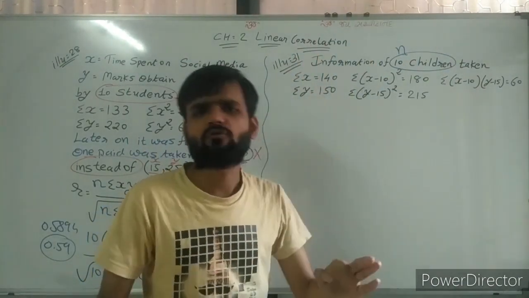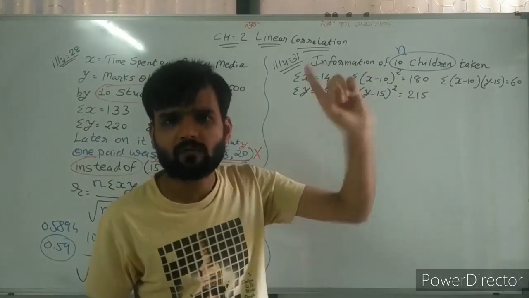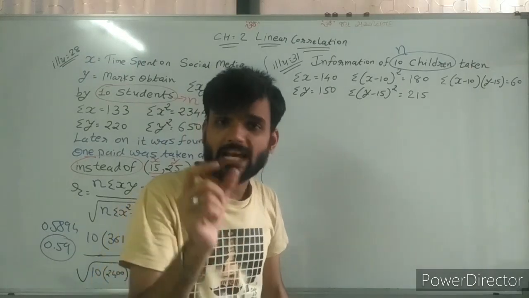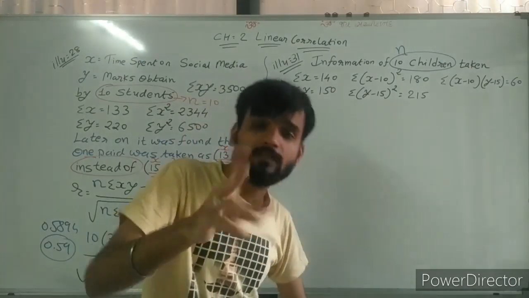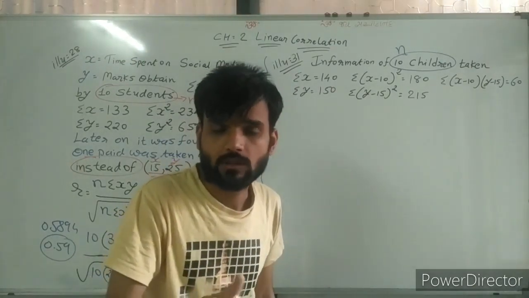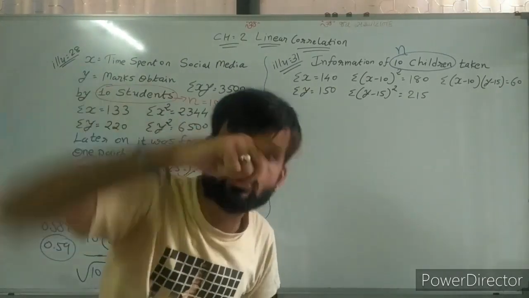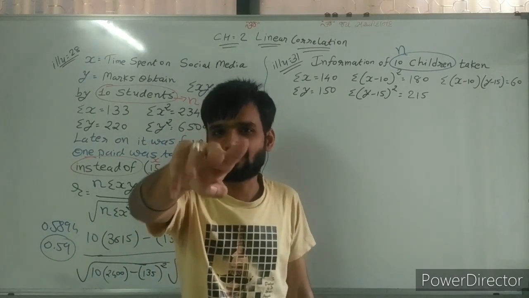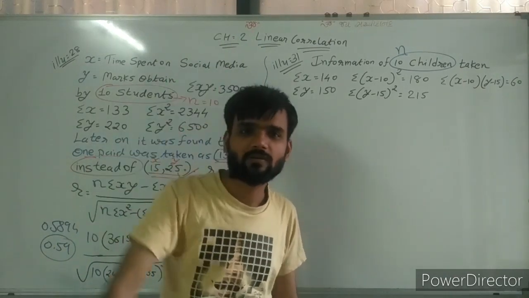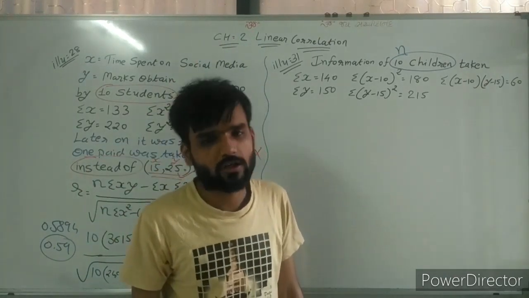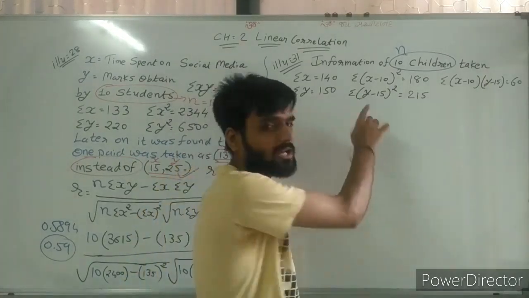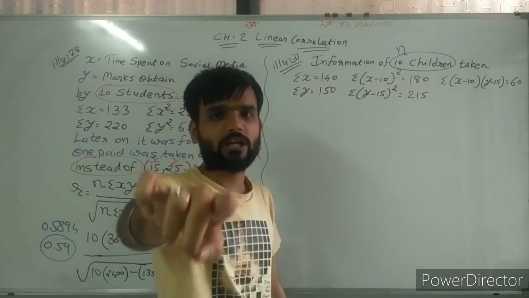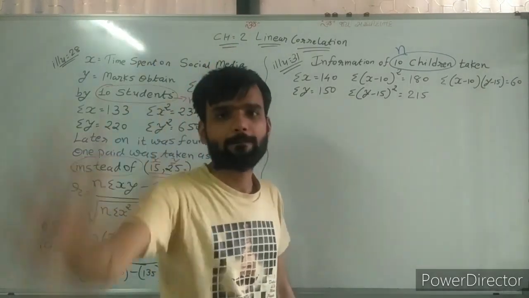We cannot find it by that first formula, because whenever x bar and y bar or any one of them is not given, then it is called assumed mean, and assumed mean means the third formula, uv. So first of all decide, is it x bar, y bar? If both are x bar, y bar, then okay, you can use that formula.